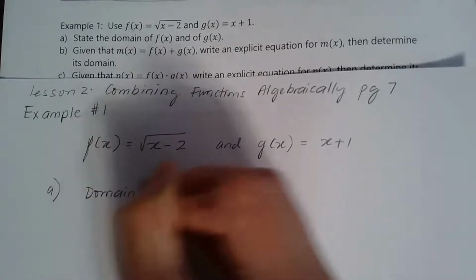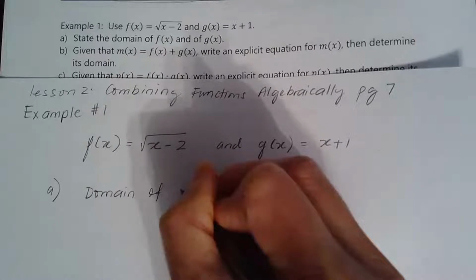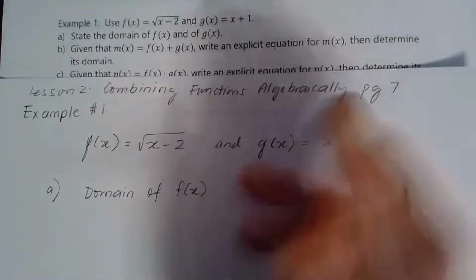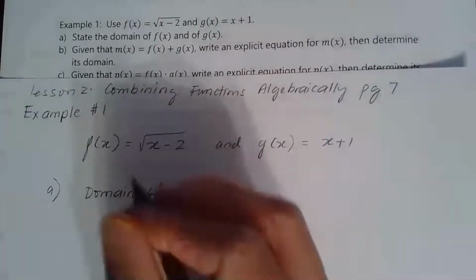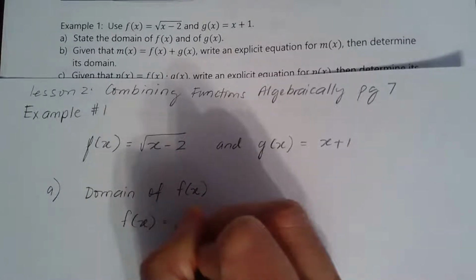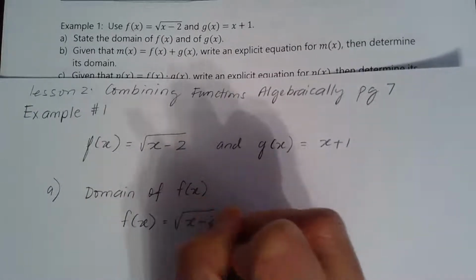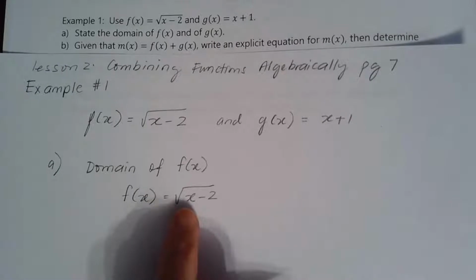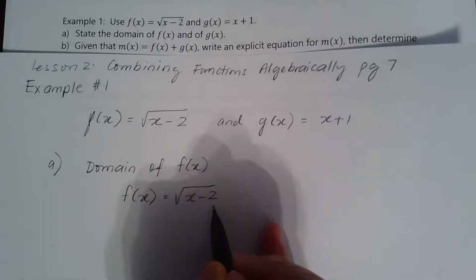Domain of f of x. Because this is a square root function, square root of x minus 2, this is greater than or equal to 0.